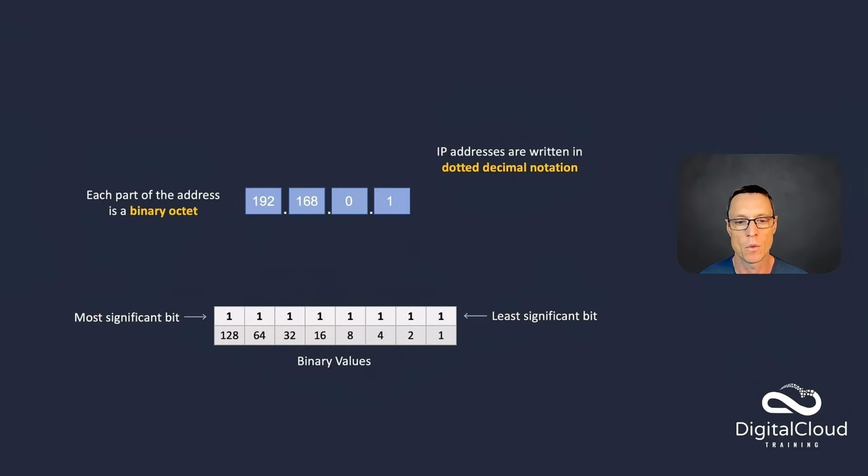So how do we know what the address number is in decimal based on the binary, the 8 bits that make up that individual number? You can see in this table that I've put together, we've got different values. The ones at the top represent the bits that make up this decimal number. The actual value associated, if this is a 1, is 128 if it's on the left, because that's the most significant bit.